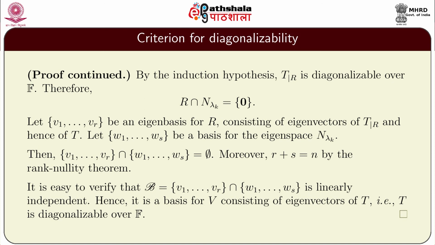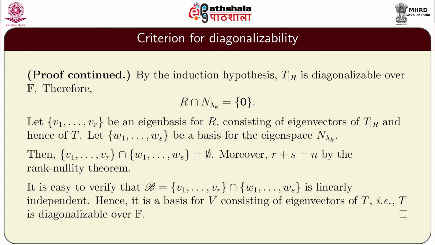Then the intersection of these two bases v1, ..., vr and w1, ..., ws is empty, and the total number of vectors that we have, r plus s, is equal to n, that is by the rank nullity theorem. It is easy to verify that this set B, which is the union of v1, ..., vr and w1, ..., ws, is linearly independent over F.